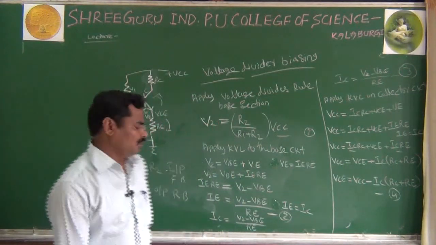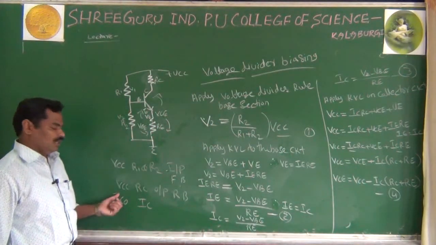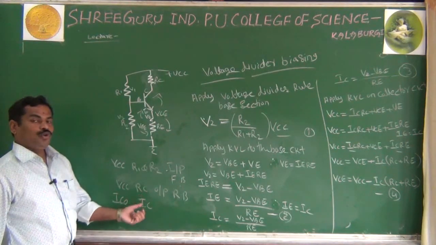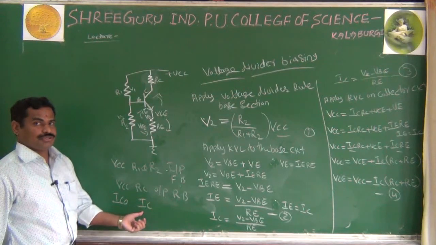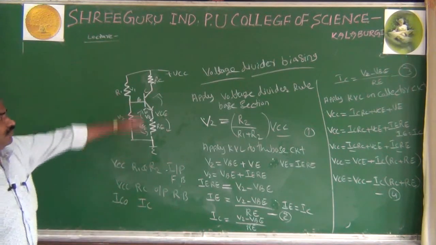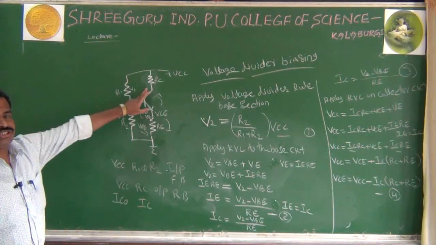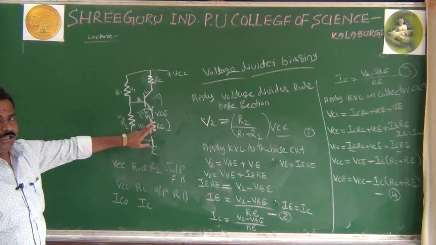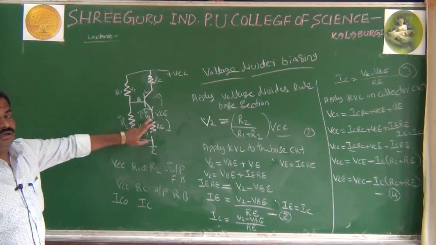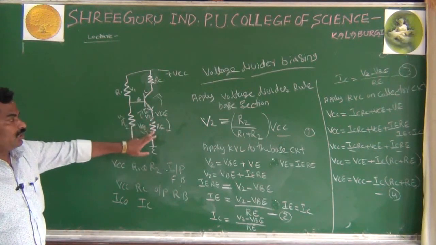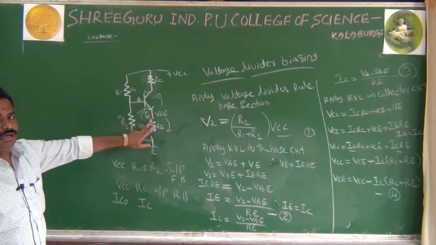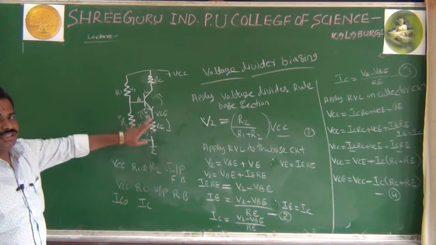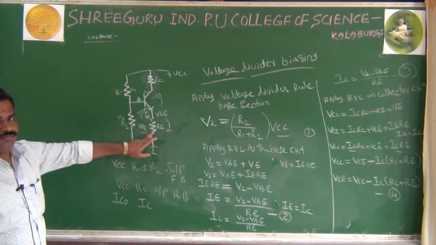It means the temperature increases, the leakage current increases. Once the leakage current increases, the output current IC also increases. And whenever the output current increases, that increases IE, the emitter current. And once the emitter current increases, the voltage across the RE also increases.